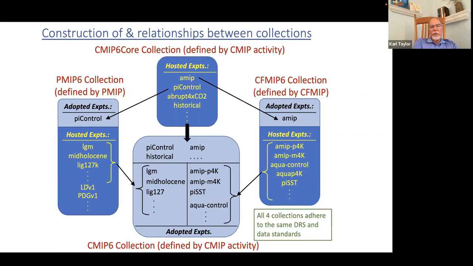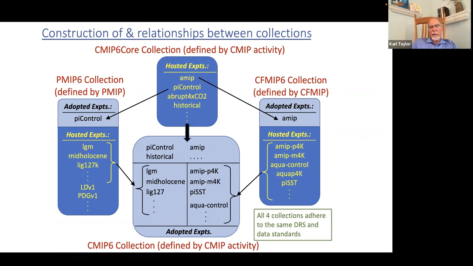Those weren't considered to be part of CMIP, but they were of interest to people in the paleoclimate community who wanted to analyze PMIP experiments. And so it would be nice to be able to host those additional experiments as part of the PMIP collection, even though they didn't feed into the large collection of adopted experiments that we called the CMIP activity experiments, the CMIP6 collection.